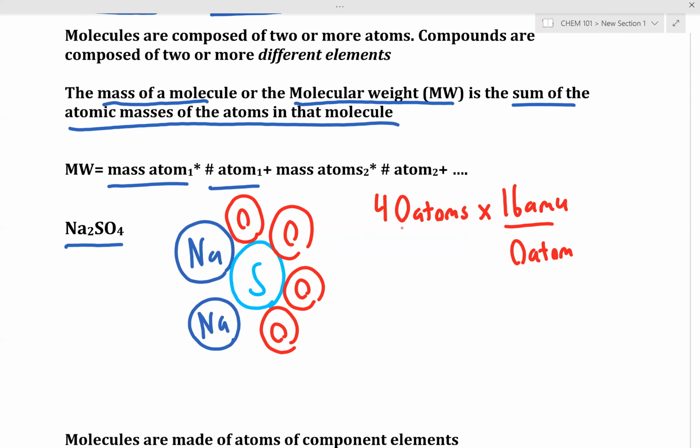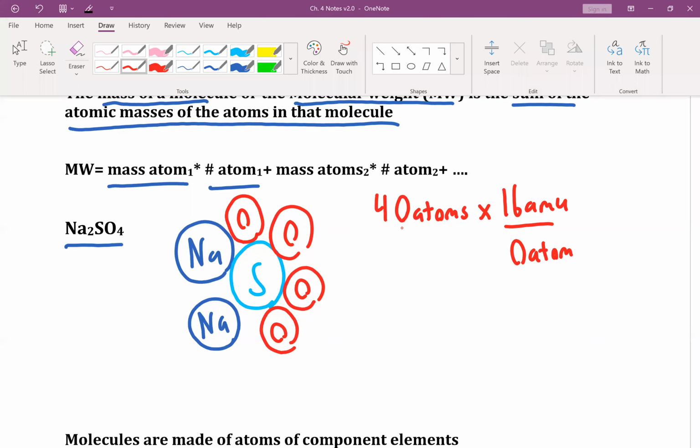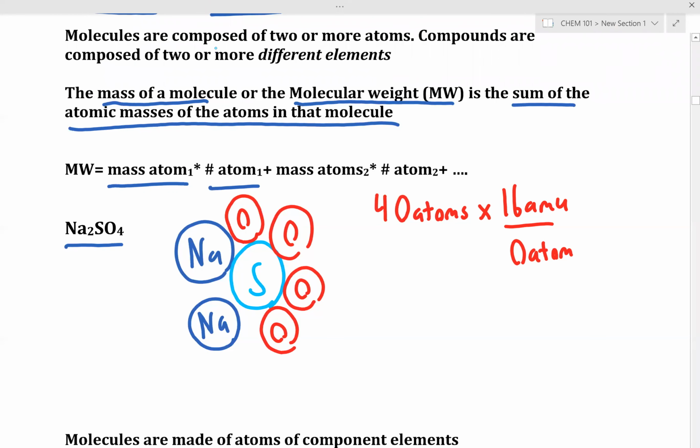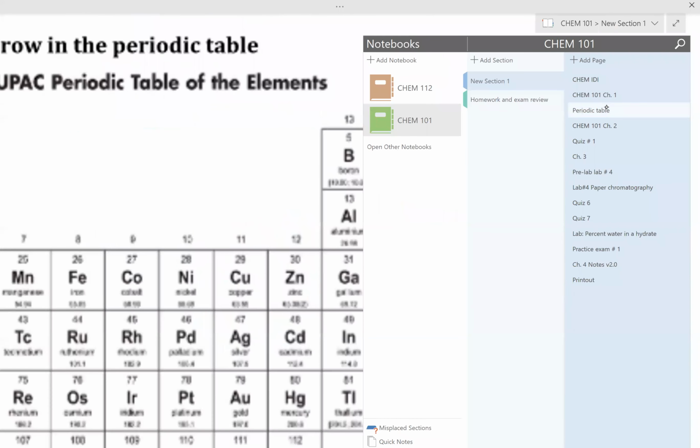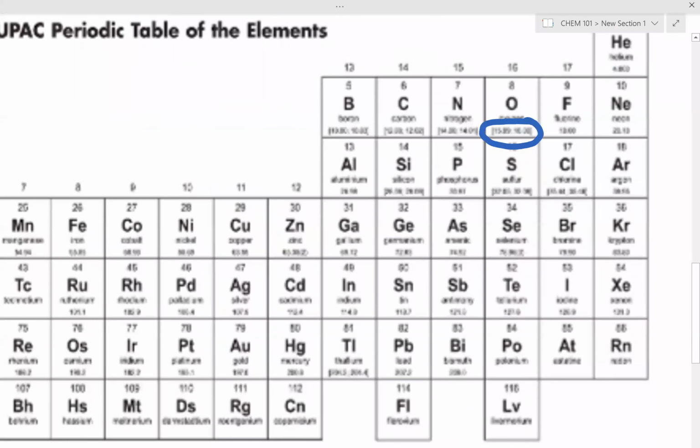Let's do the same process, since we're adding up the mass of all of our atoms of each element in this molecule. How many sulfur atoms do we see? 1. So we have 1 sulfur atom. Now we're going to have to go to the periodic table and find the atomic mass of sulfur.